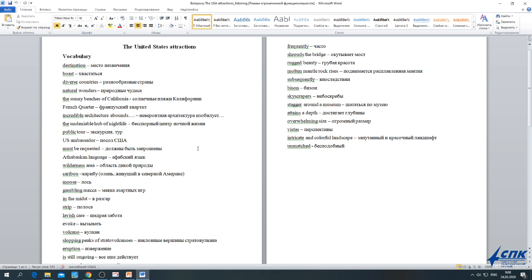Subsequently. Bison. Skyscrapers. Stagger round a museum. Attains a depth. Overwhelming size. Vistas. Intricate and careful landscape. Unmatched.